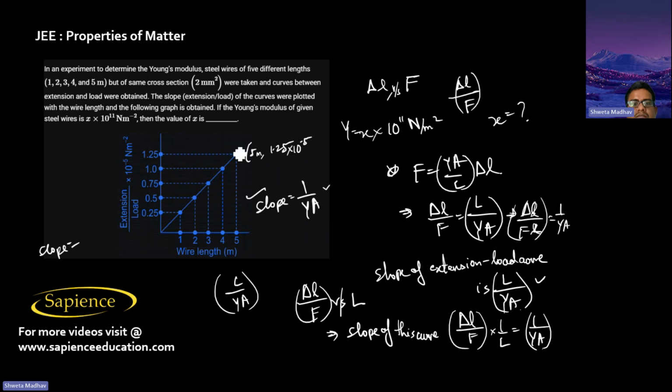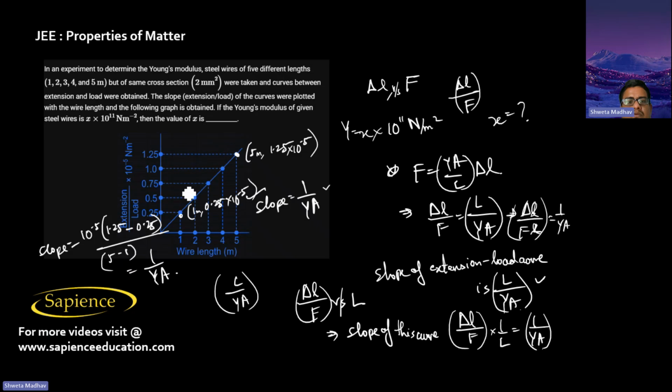Extension by load. This point we can take, this is 1 meter comma 0.25 into 10 power minus 5. Therefore, the slope will be y2 minus y1 by x2 minus x1, which is 10 power minus 5 into 1.25 minus 0.25 divided by x2 minus x1, 5 minus 1, and that is equal to 1 by YA.